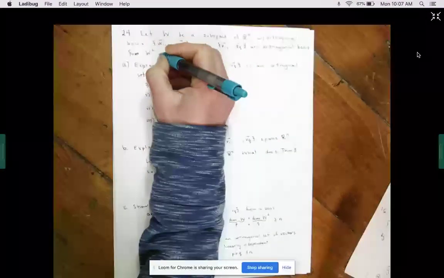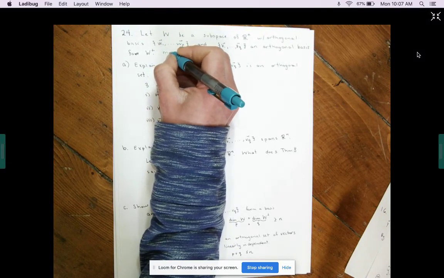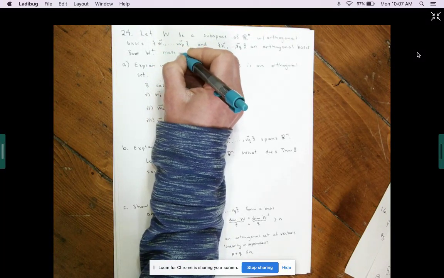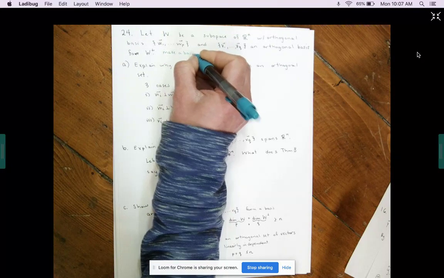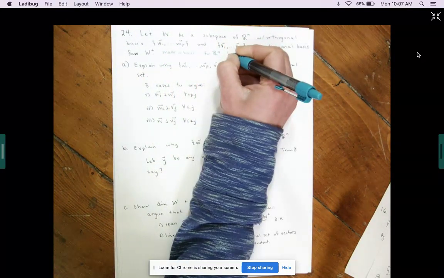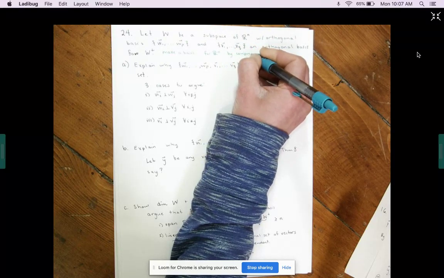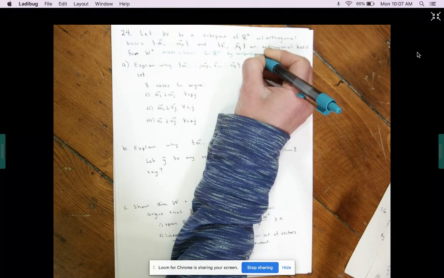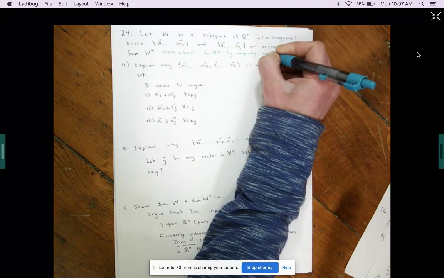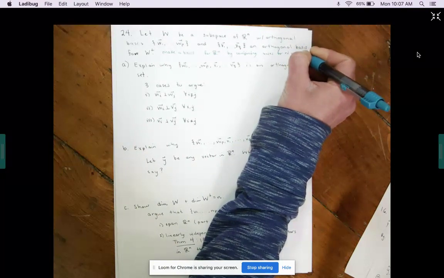This problem is basically going to talk us through the fact that we can make a basis for R^n by combining the bases for W and W perp.